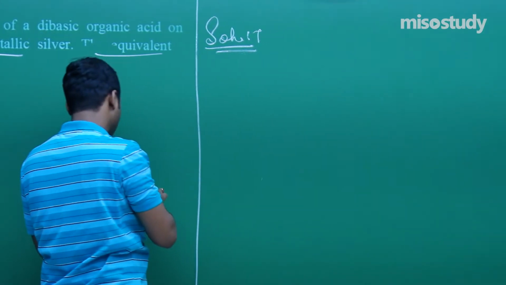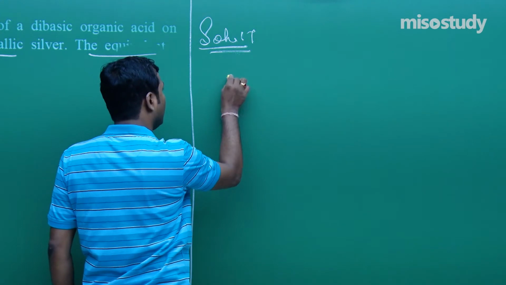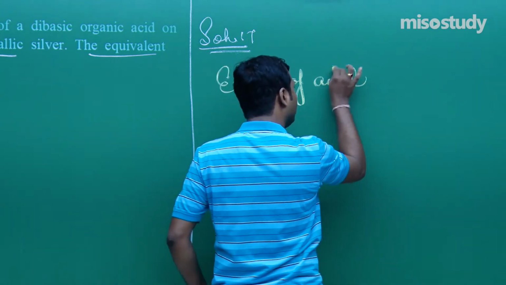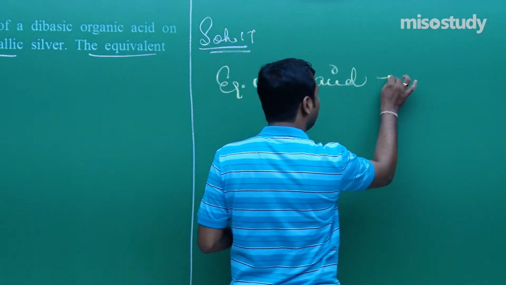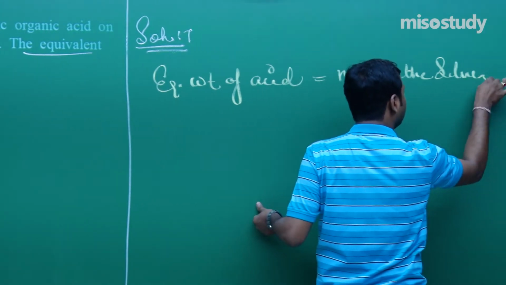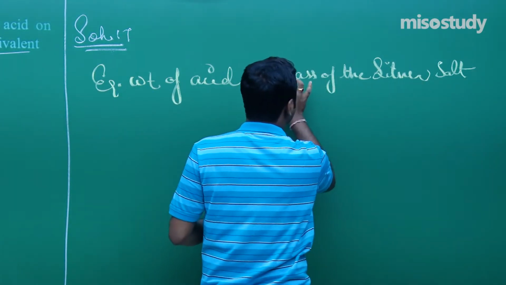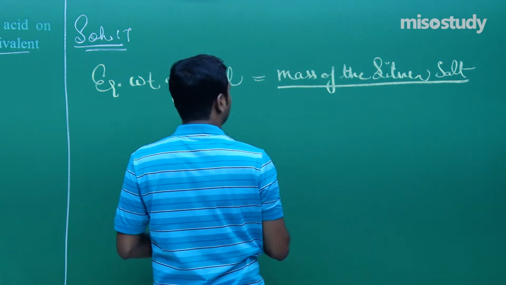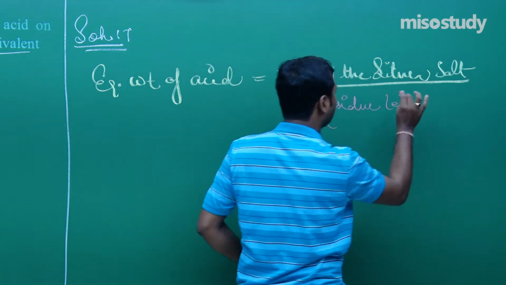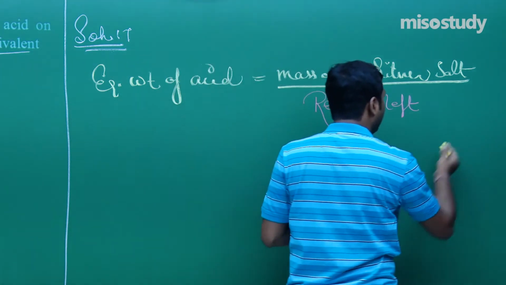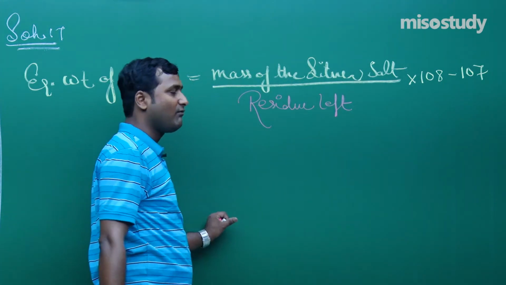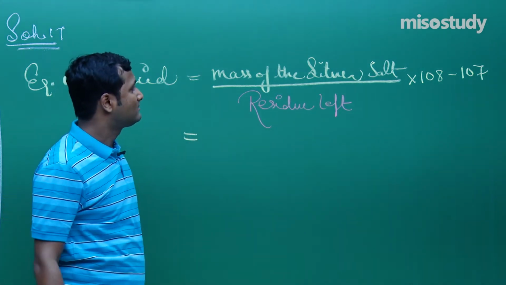The formula is: equivalent weight of acid is equal to mass of the silver salt divided by the residue left, multiplied by 108 minus 107. This is the formula.